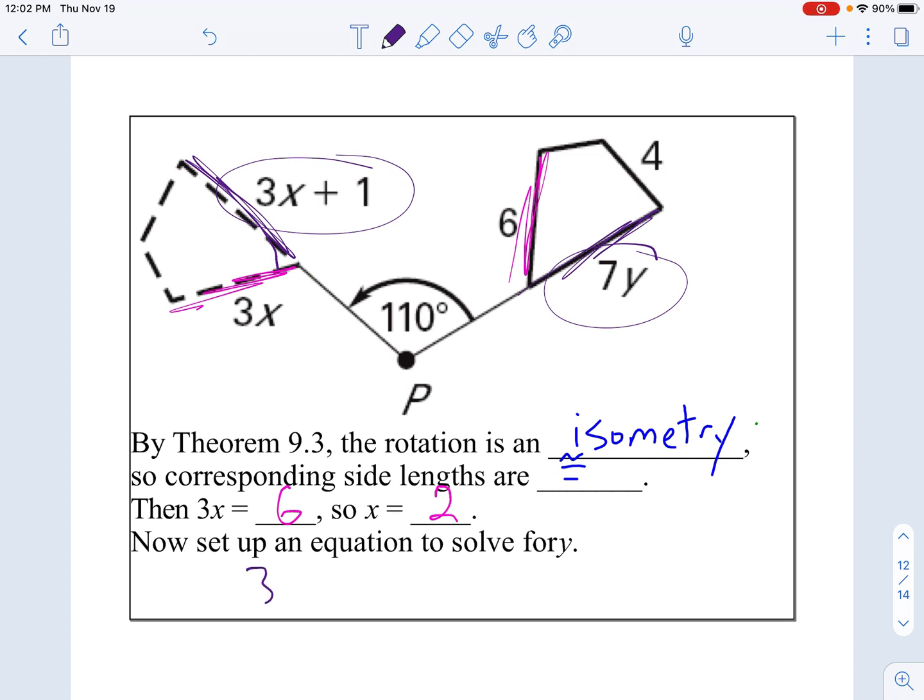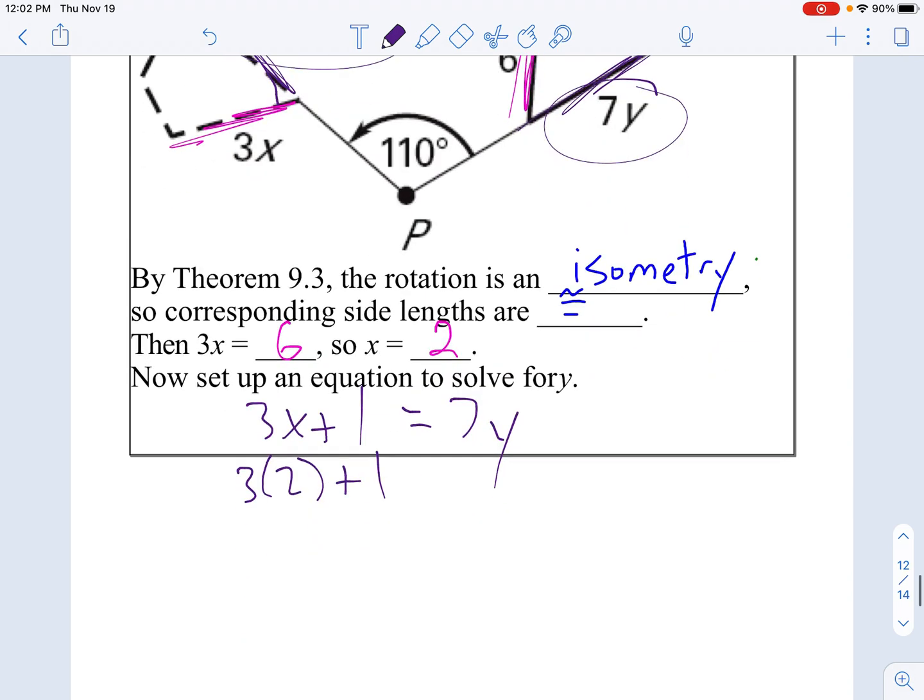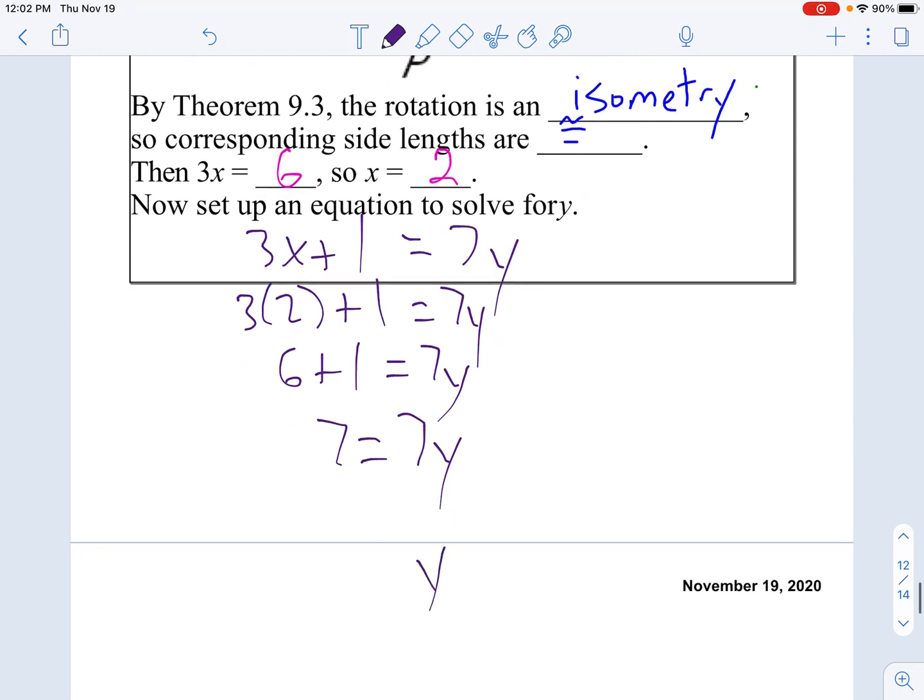So 3x plus 1 equals 7y. Since x is 2, I got 3 times 2 plus 1 equals 7y. I got 6 plus 1 equals 7y, so 7 equals 7y. If we divide, we get y to equal 1.